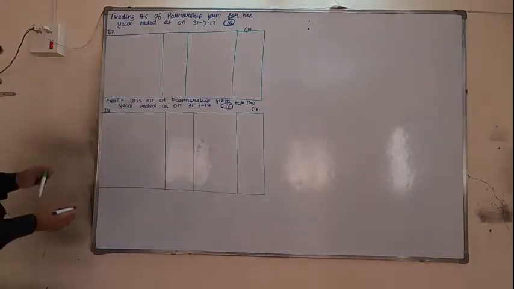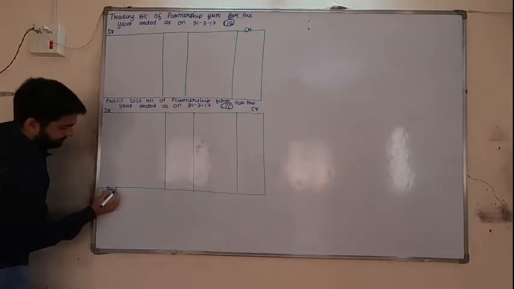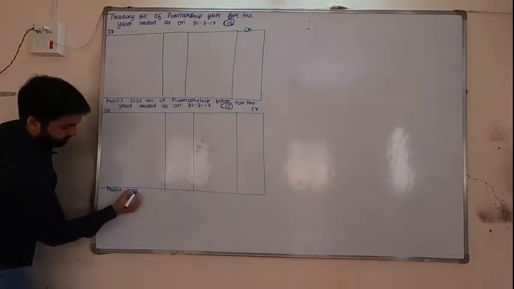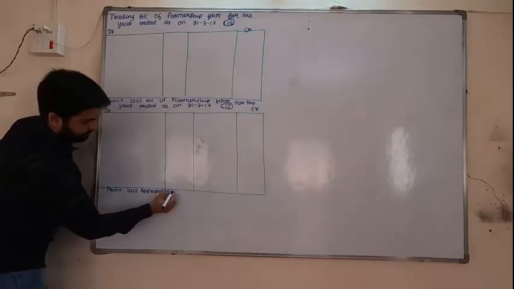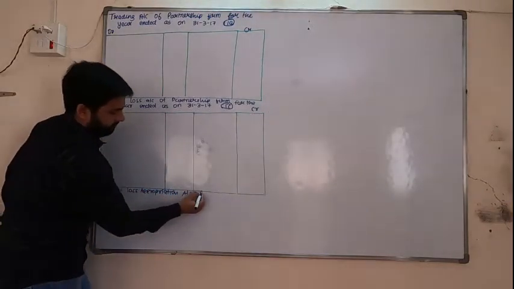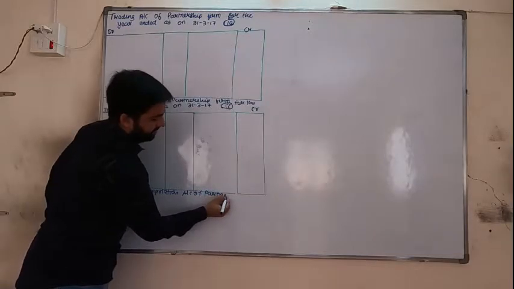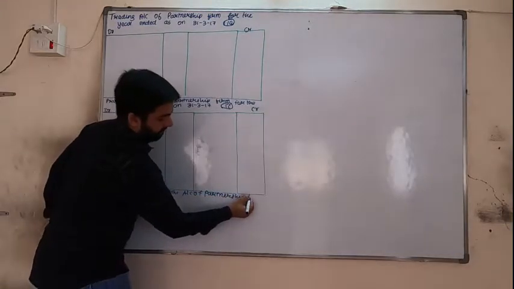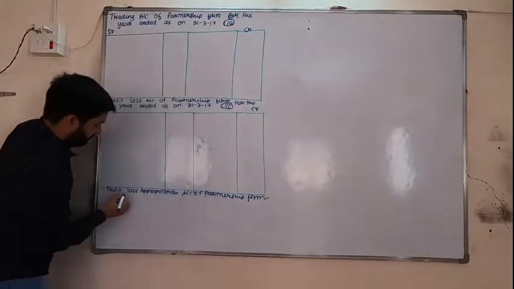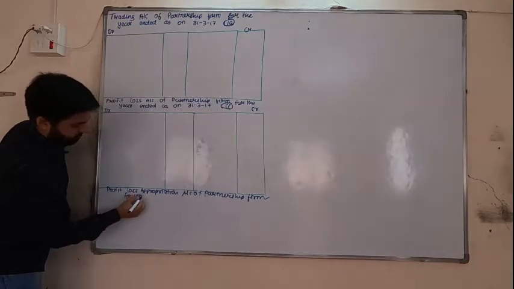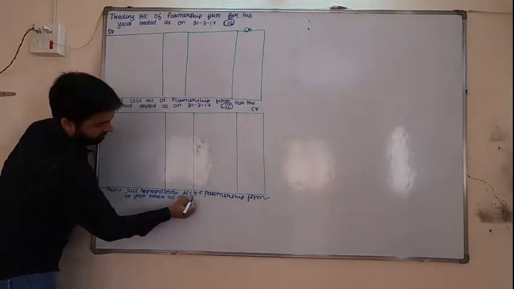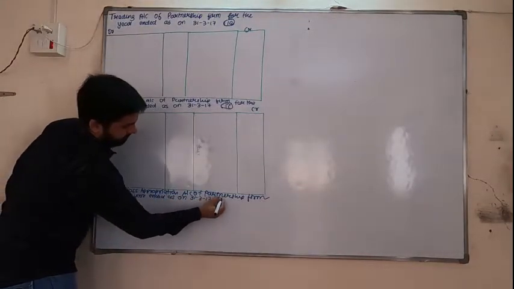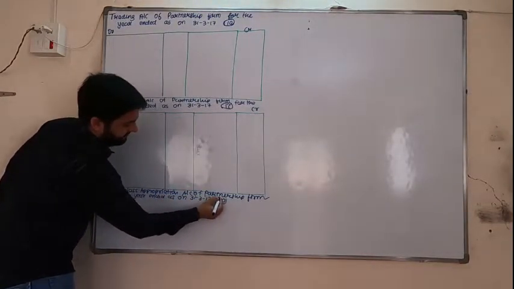Now profit and loss appropriation account. Headings are also important. This is for 10 lines.